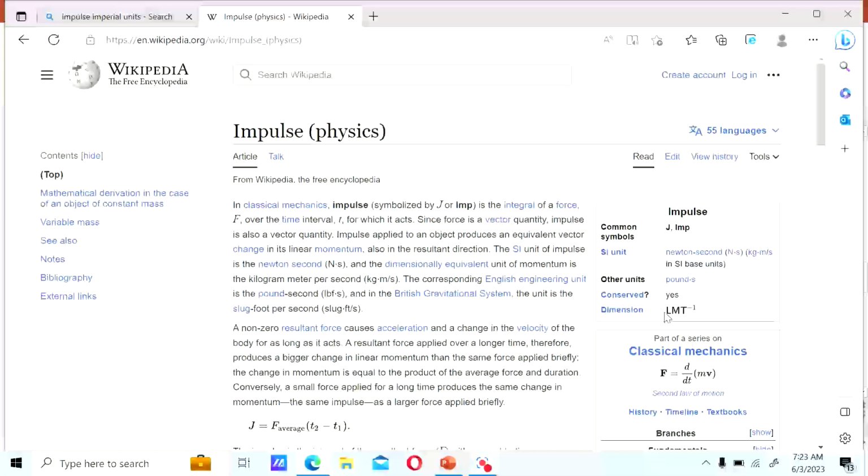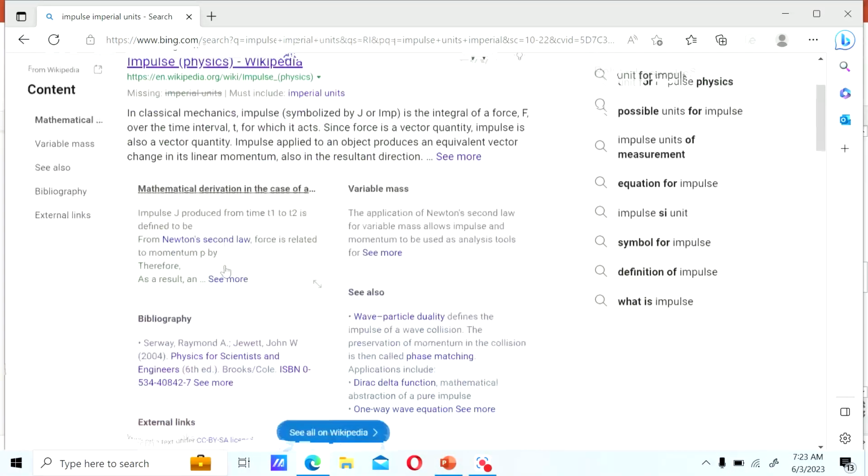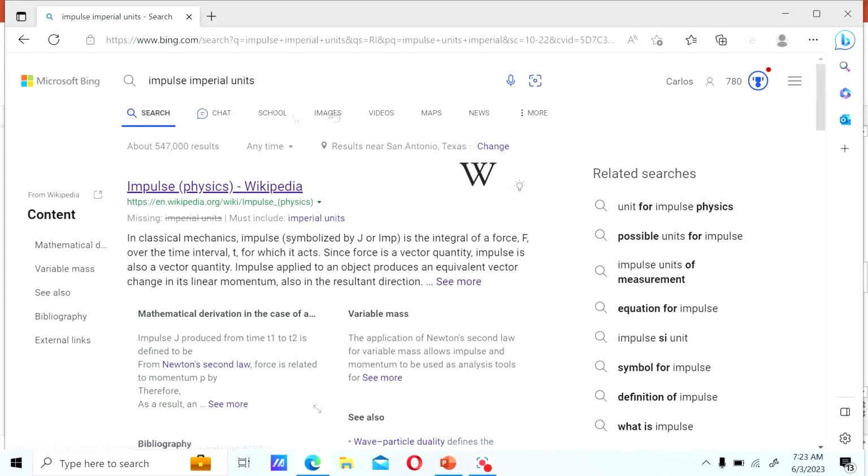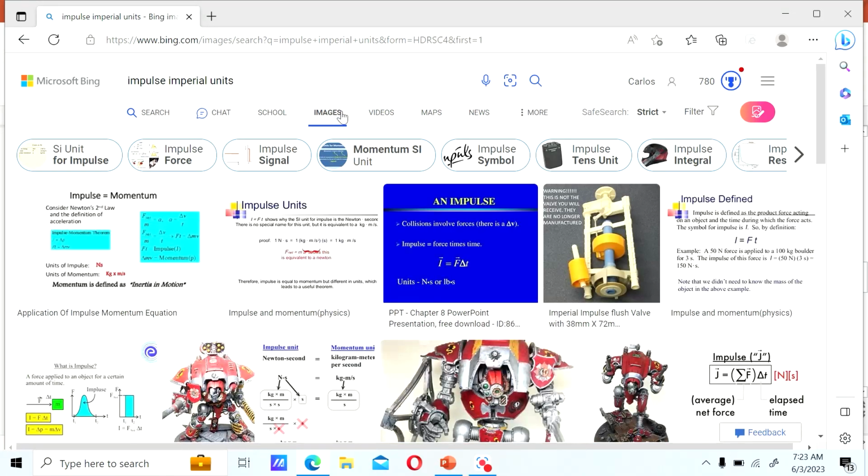So length is meters, mass is kilograms, and time is seconds. So kilograms times meter over second. Okay, that makes sense. Let's see somebody else telling me what that is.